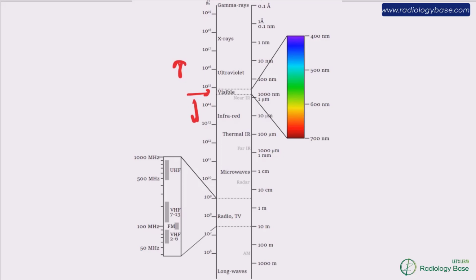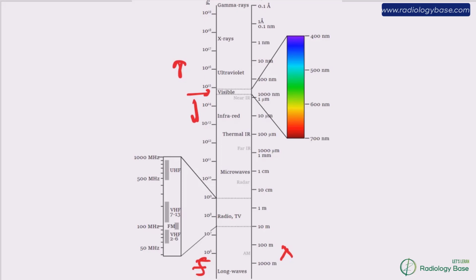Towards the upper side the frequency is increasing, and on this side there is the wavelength. So the wavelength is decreasing as we go up, whereas the frequency is increasing, and they have a direct relation because the velocity is constant, so we can't change the velocity.